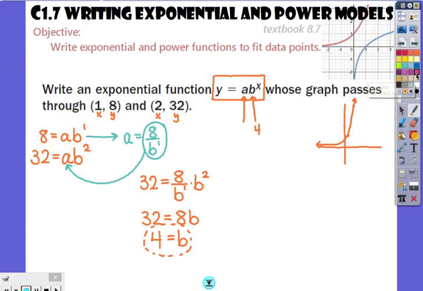Now we need to find a. So how about we go back to that 8 equals a times b to the 1. Doesn't matter which equation you pick. Let's go back there. We'll substitute in our newfound b, 4 to the 1, divide both sides by 4, and we've got an a.